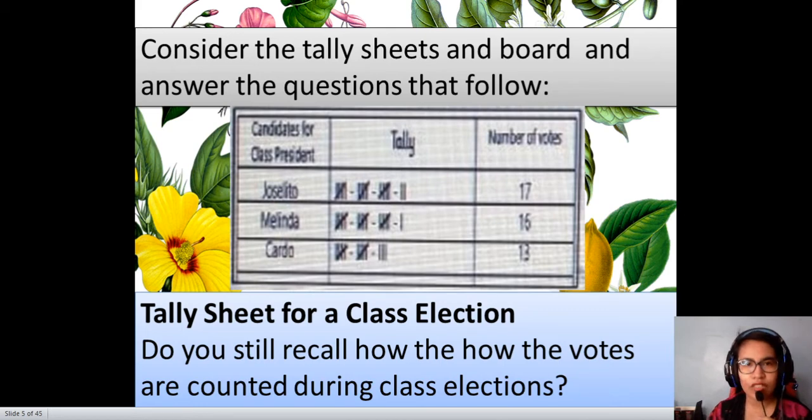As you can see on the tally here, you will draw a line, 1, 2, 3, 4, then a slant line for the fifth one. Then for the number of votes, you will just count it all and write it as a number.